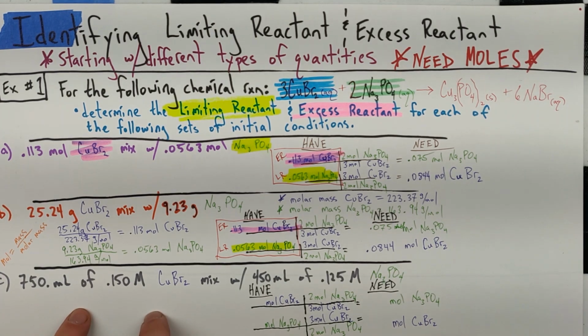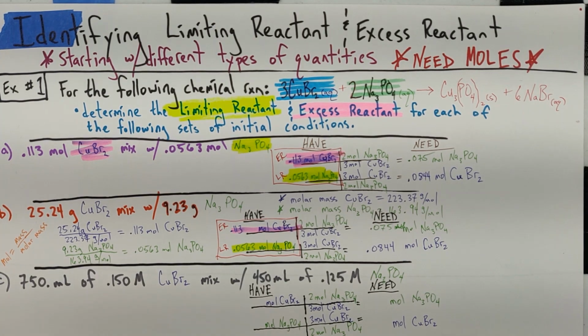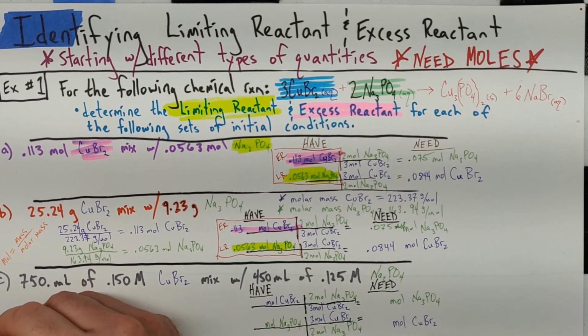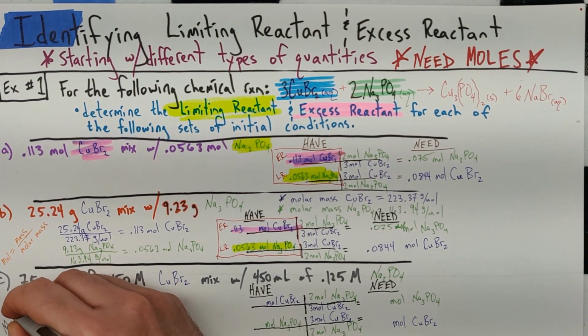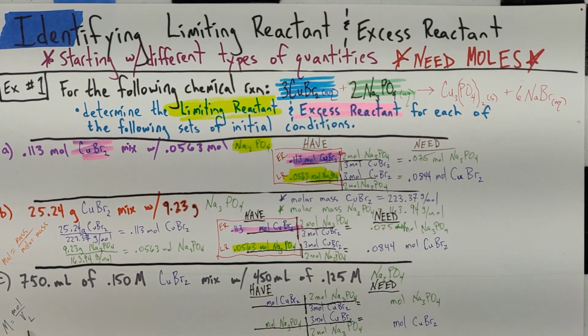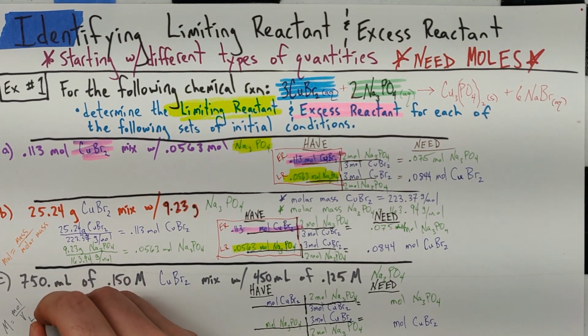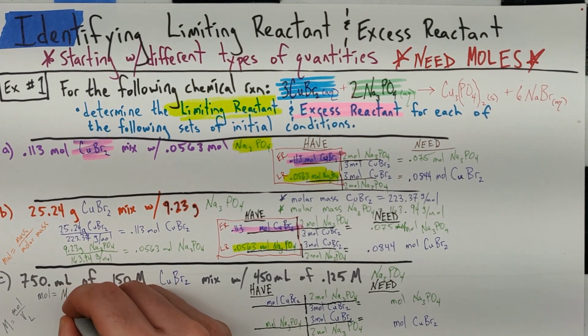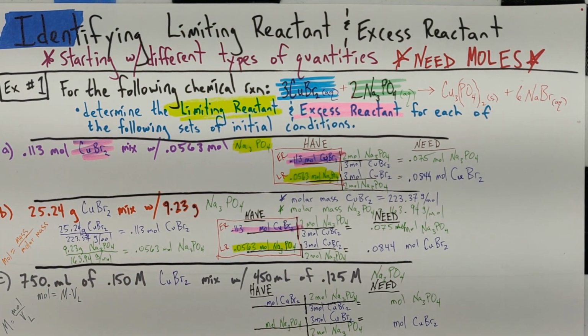The last one here that we need to deal with is these volumes and concentrations. And one of the other equations you know is that molarity is moles over volume in liters. And in this particular case, we have molarity and volume in liters, so we can get moles as the molarity times the volume in liters. And we'll do that for both of these.